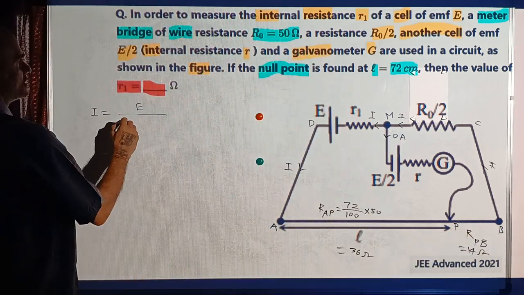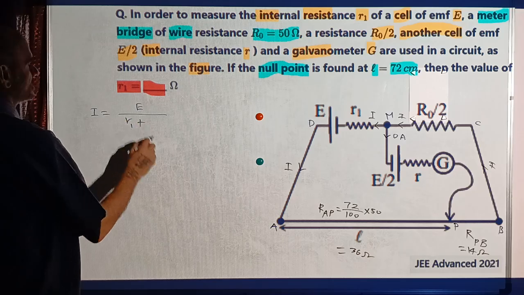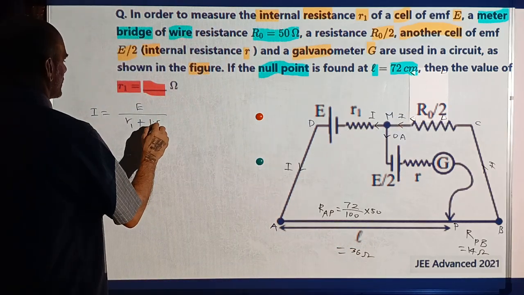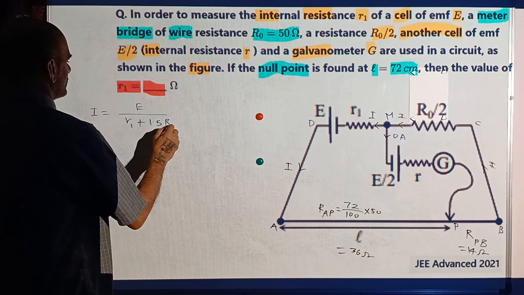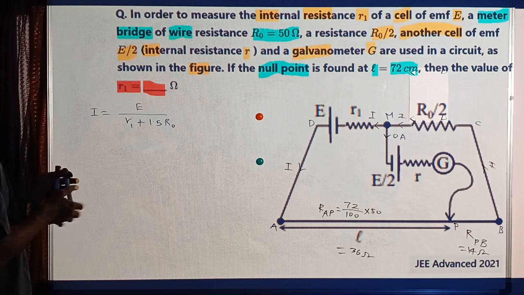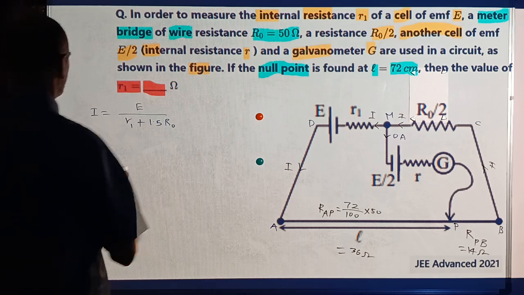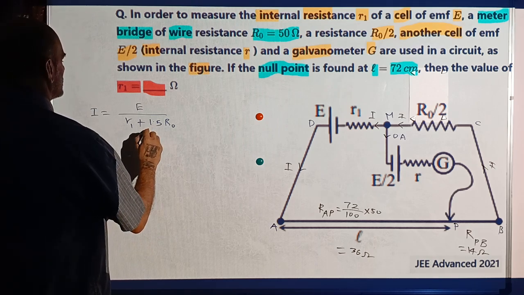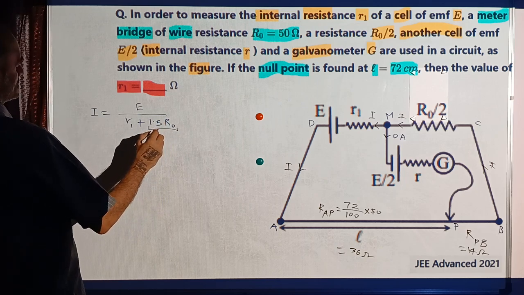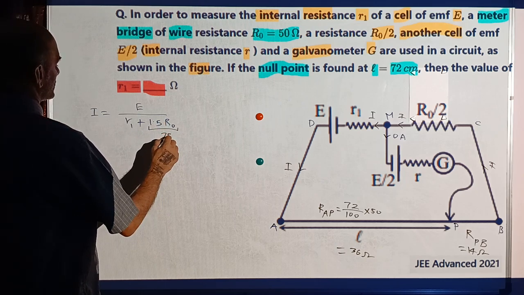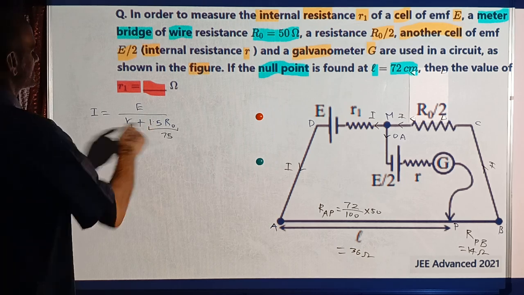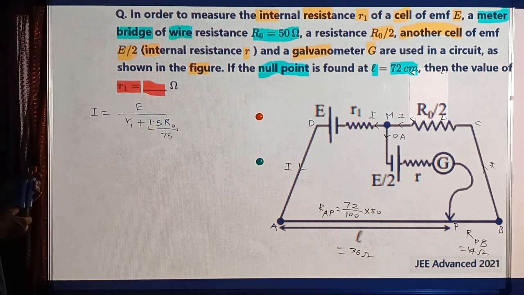So the total resistance is R1 plus half R0 and then 1 R0, so it's 1.5 R0, which is 50 ohms. So this value is 1.5 times 50, that is 75 ohms. R0 is 50, so 50 plus half of 50 is 25, 75.